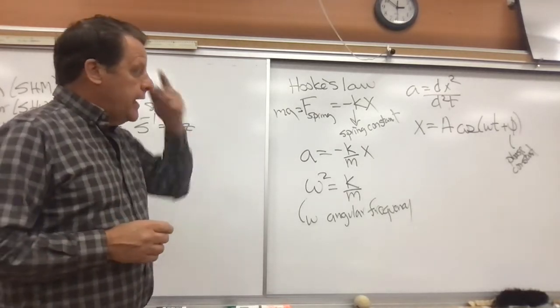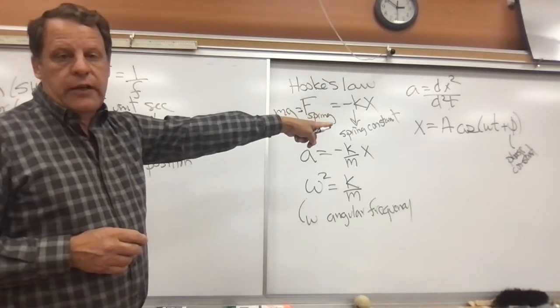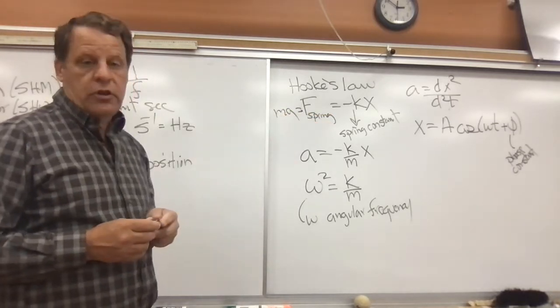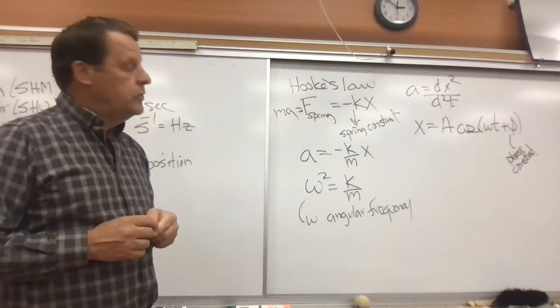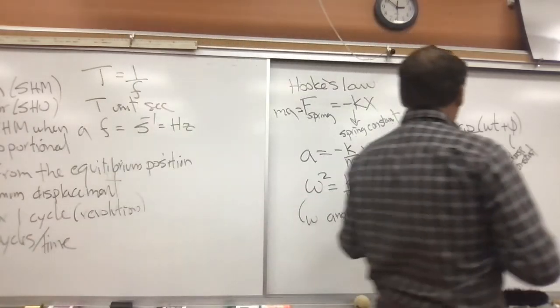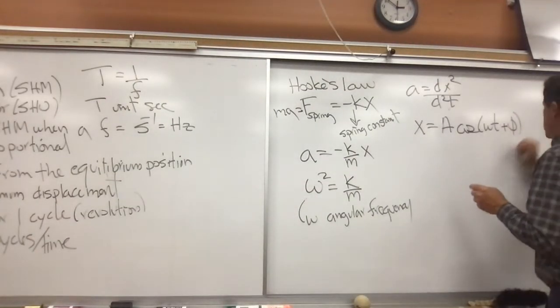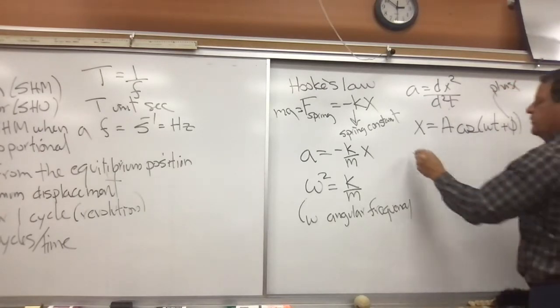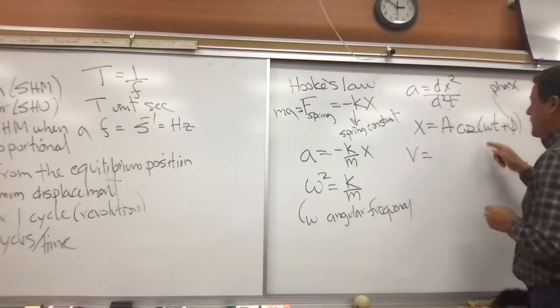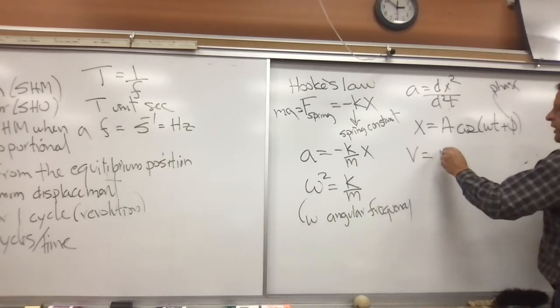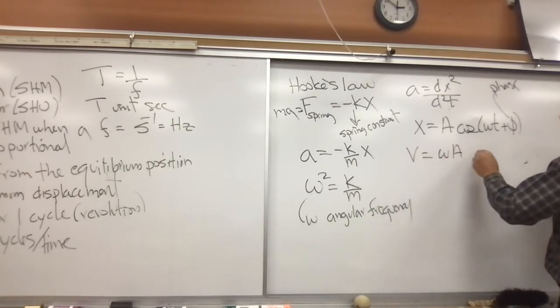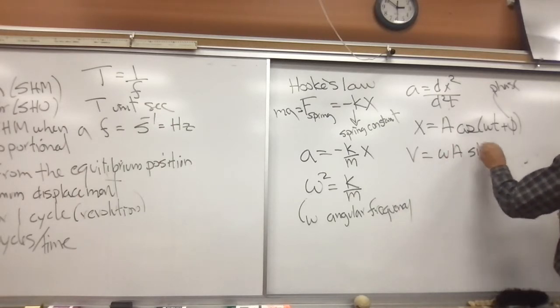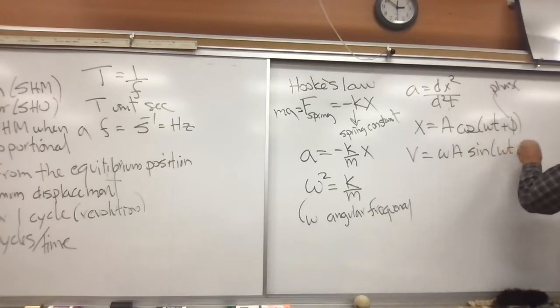Now, if we differentiate this position with respect to time, we get velocity. Using the chain rule, our velocity is going to be negative omega A sine of omega t plus phi.